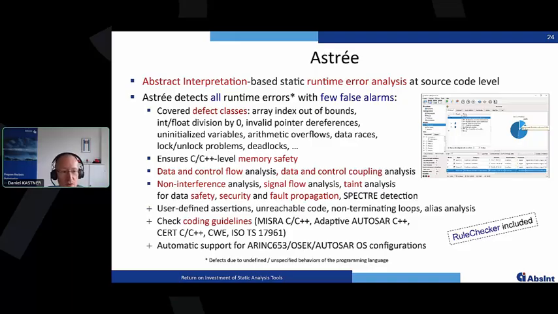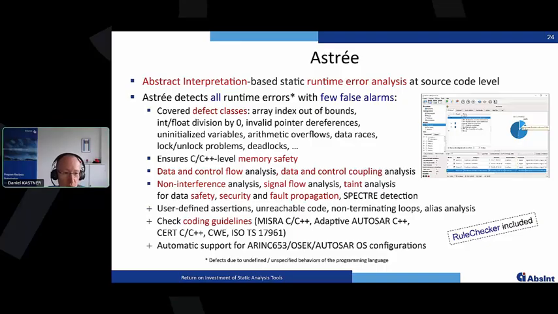Side effects are that you can also do data and control flow analysis and also talk about the interactions, the interference between software components with data and control coupling analysis. And you can do more advanced analysis with R3, like for example a non-interference analysis by tainting, which can be applied to do a signal flow analysis, so independence of signals, or freedom of interference between software components.